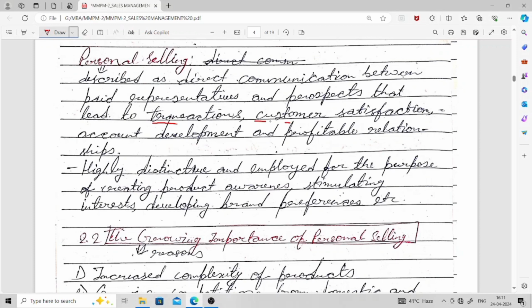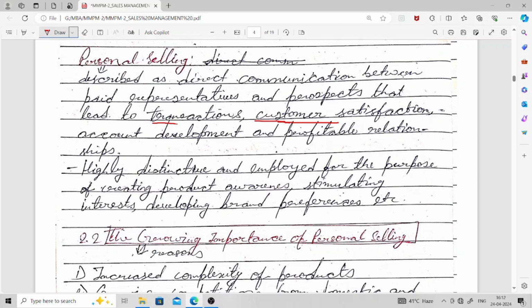It means whatever transaction there is between the salesman and the customer, that leads to customer satisfaction. Account development, because some kind of monetary transaction has happened. And profitable relationships, and there is also relationship development between the salespeople and the customer.